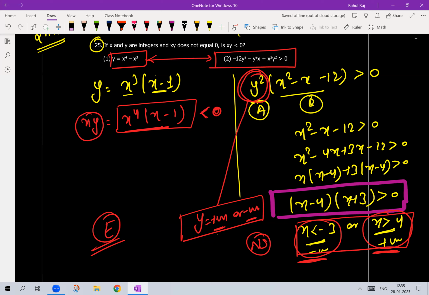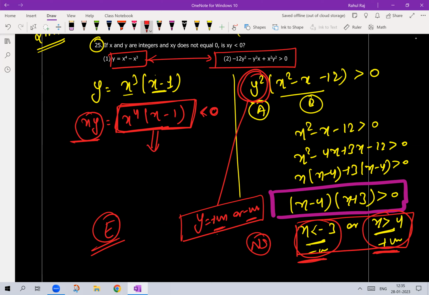Technically at this point of time, I don't know how this equation will behave for us. I'm saying, for the first equation, what should be the value of x to make xy less than 0? This is our question only. I do it in a reverse way. I'm understanding that for xy to be less than 0, this should be less than 0, right? But the point is that our condition is not given, because whether this equation is less than 0 or greater than 0 depends on the value of x, right?